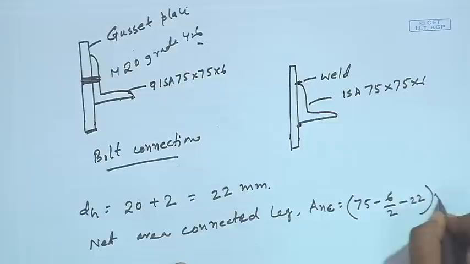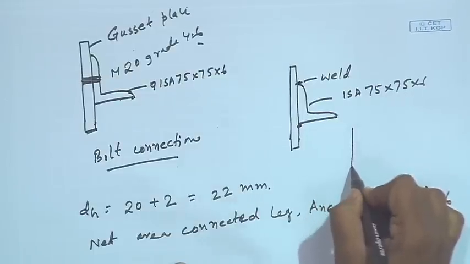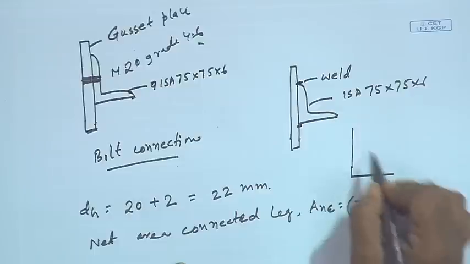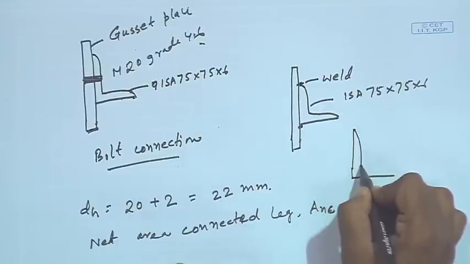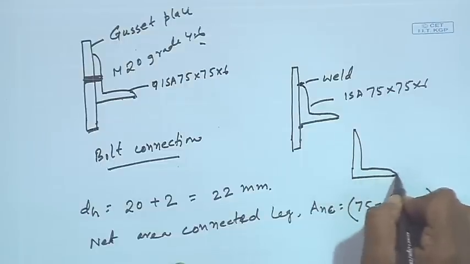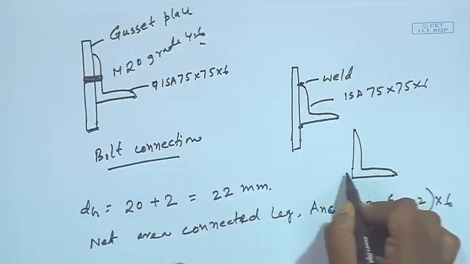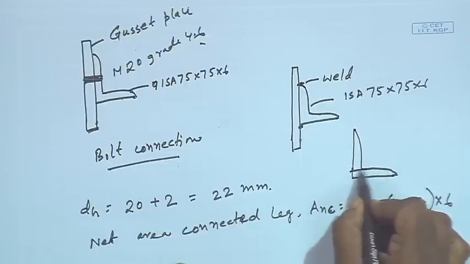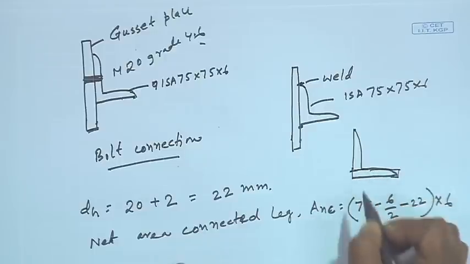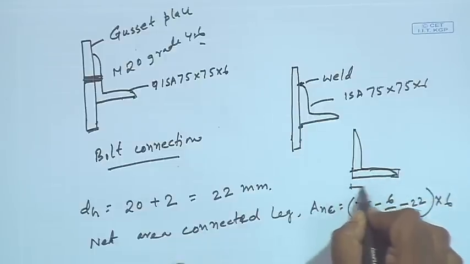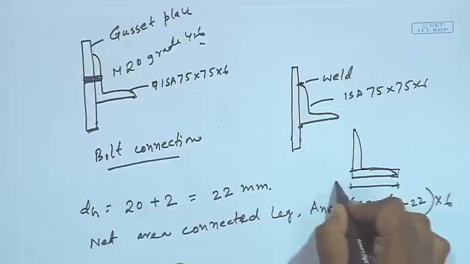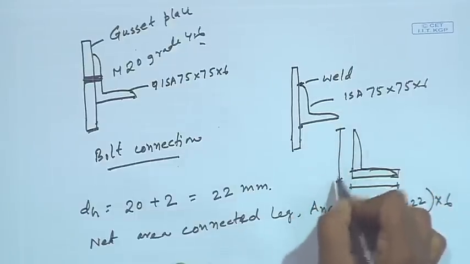Why 6 by 2 into t? Because when we calculate the net area of a leg, assume this is one part, this 75 by 75, and this is another part.